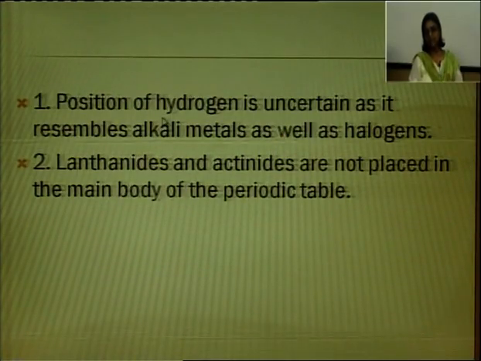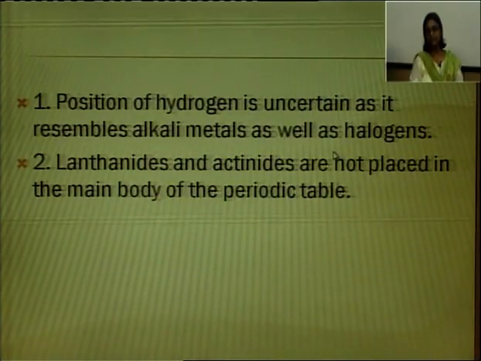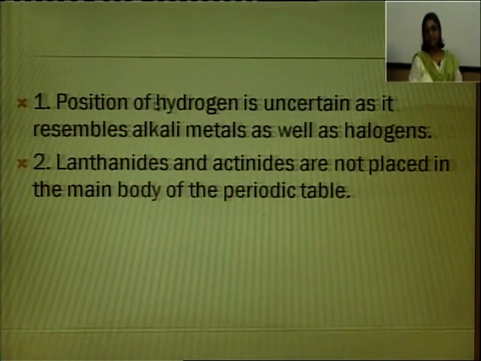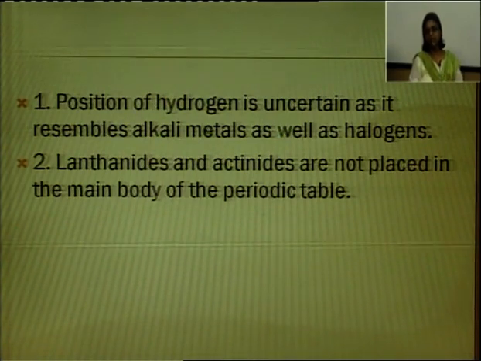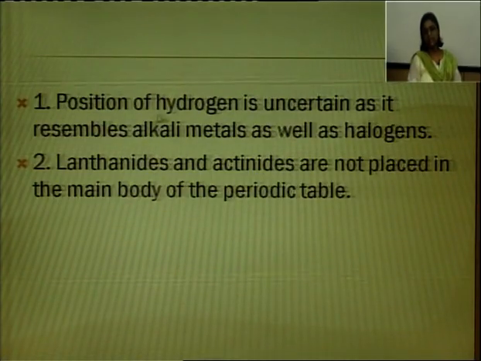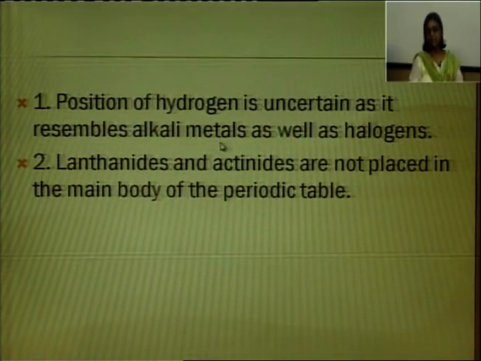Hydrogen has the atomic number 1, which it can lose just like alkali metals to form cations, and it can gain 1 electron just like halogens to form the anion. Therefore, the position of hydrogen could not be given properly, but since it has only 1 electron in the s orbital, it has been grouped with the alkali metals according to its electronic configuration.